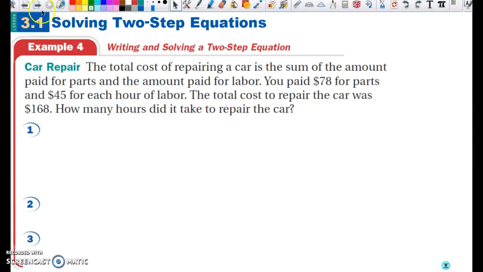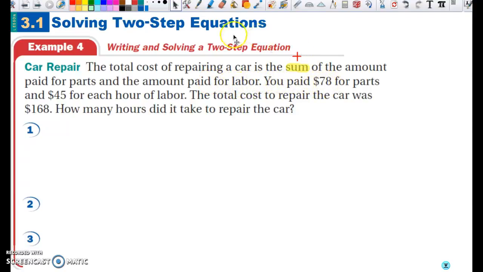The last example is probably the hardest one, and I want to make sure that we spend enough time on it. You might have noticed that I left quite a bit of time in the video for this because I want you to work on this. The total cost of repairing a car is the sum, what does that mean? You know that should mean plus. We must add up the amount paid for parts and the amount paid for labor.